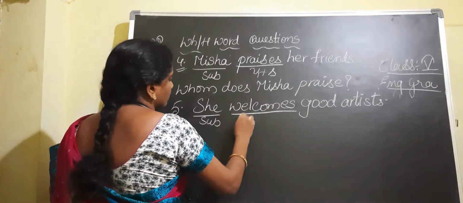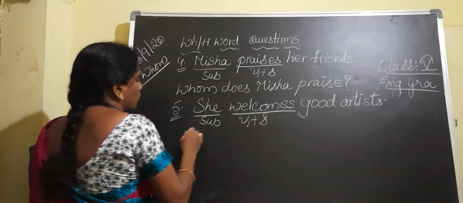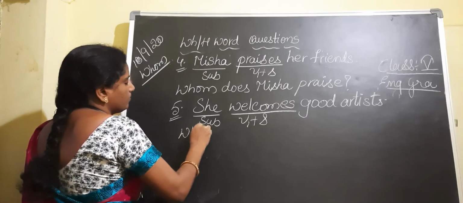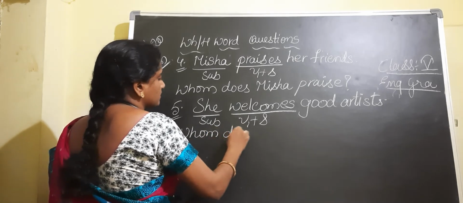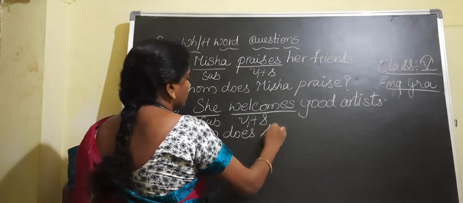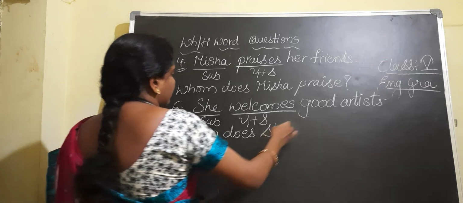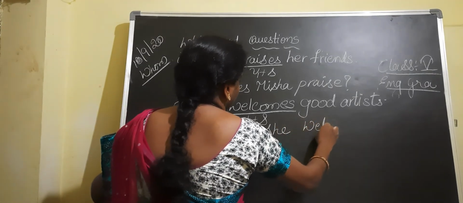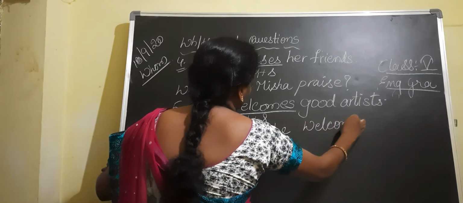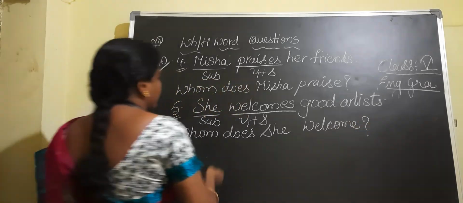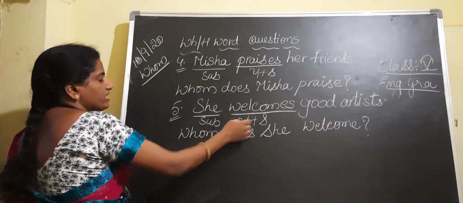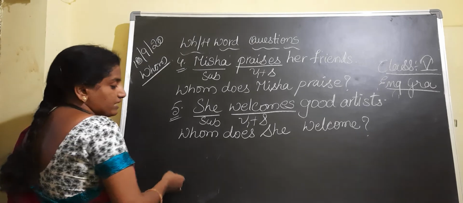Welcomes is V1 with s. So whom does she welcome? Whom does she welcome? Why have I used does here? Because V1 has s. Okay. Next, children.